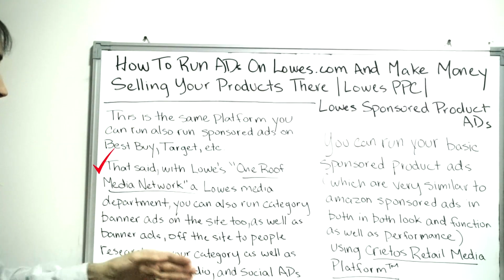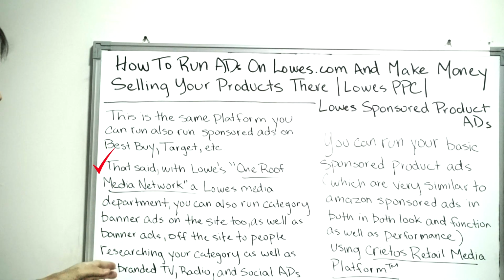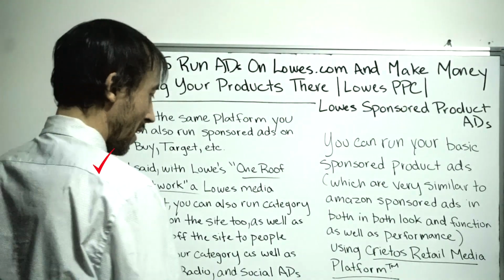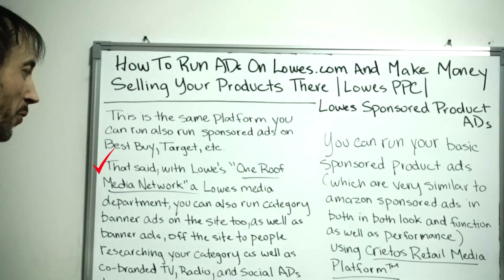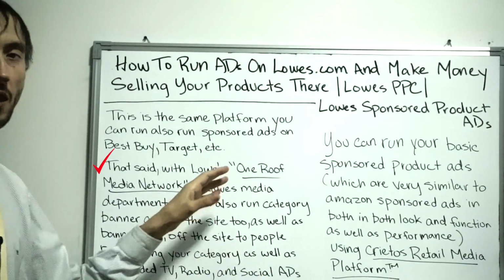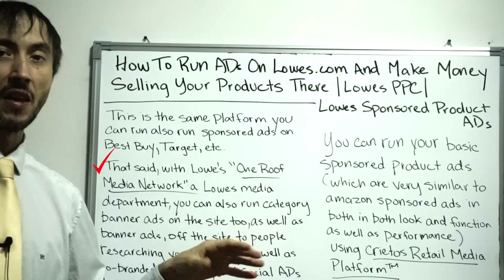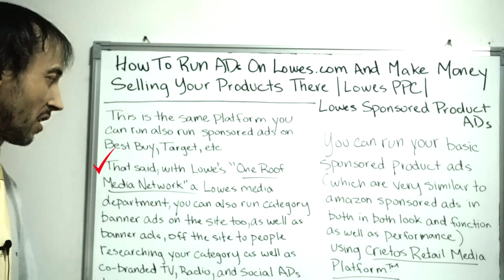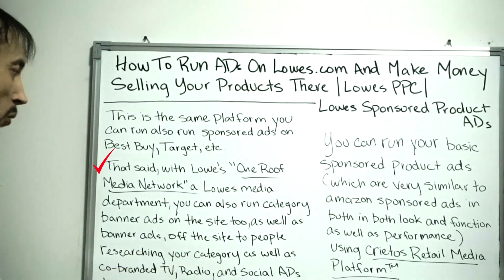Once you've done that, you can get into some other opportunities that One Roof Media Network has, which are co-branded TV, radio, and social ads, of which social ads is the main one that I think is really good. We've done this not through Lowe's, but through Target, because each of these bigger sites, like Best Buy, all have a similar system now. They have an internal media department where they let you run co-branded ads.